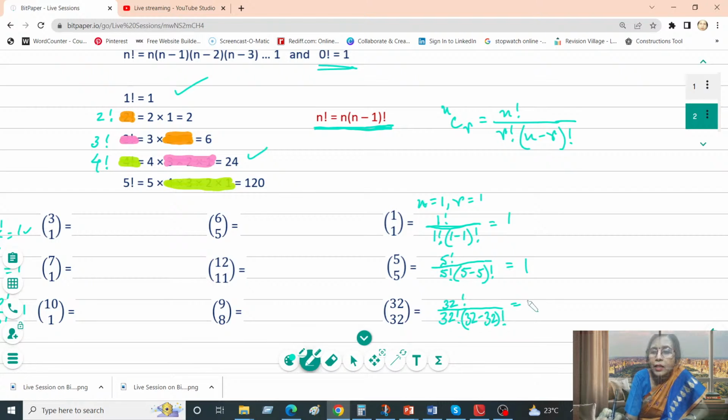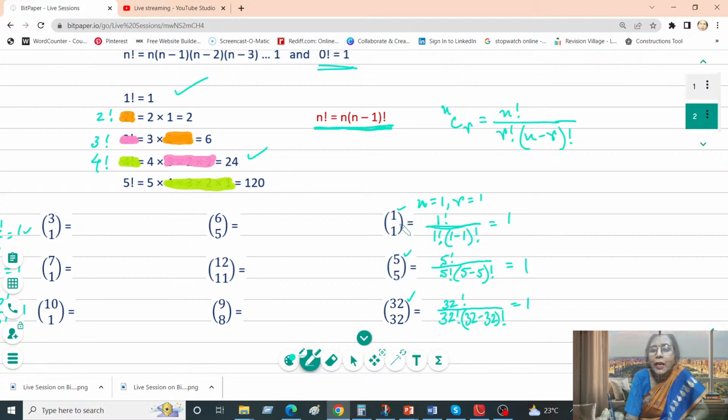So now you notice, doesn't matter what is the value of n. The n value is different in these three cases, but what is special for these three is that the n value is equal to the r value. Whenever the n value is equal to the r value, the NCR value is equal to 1.